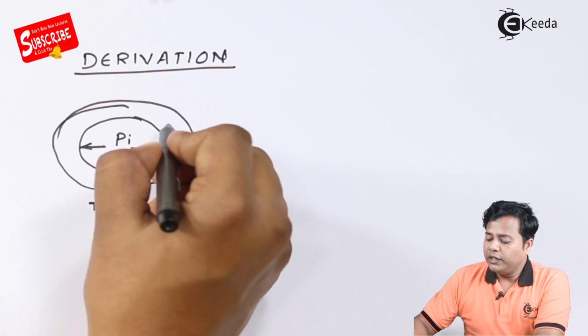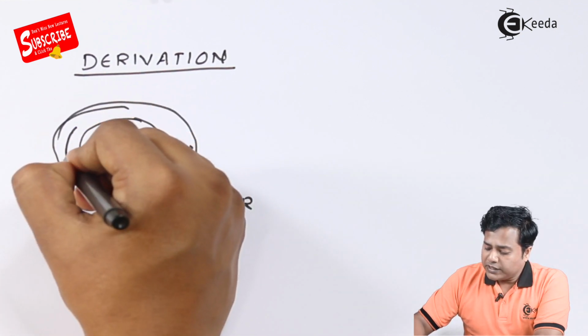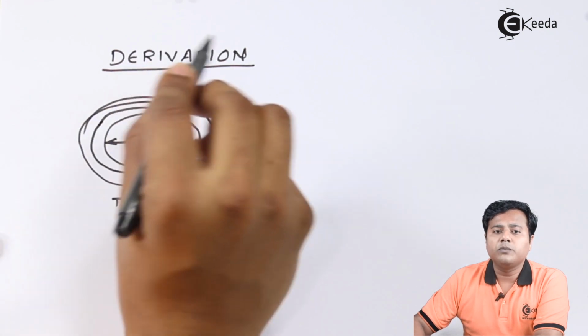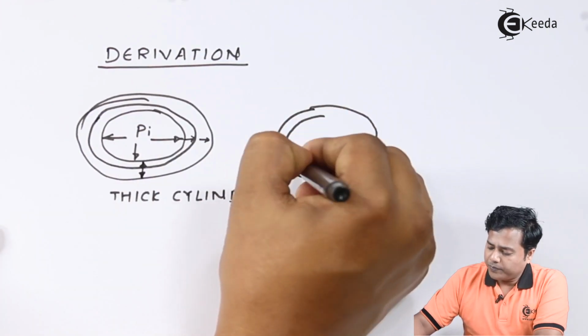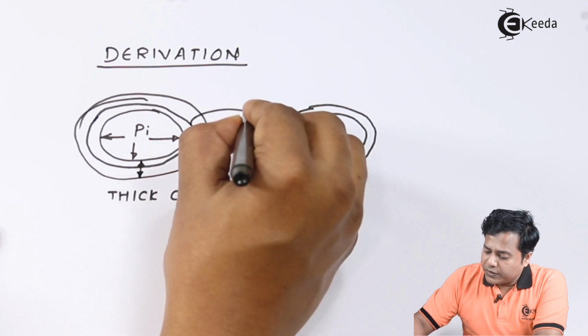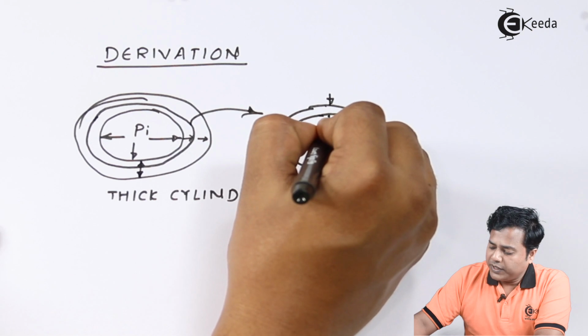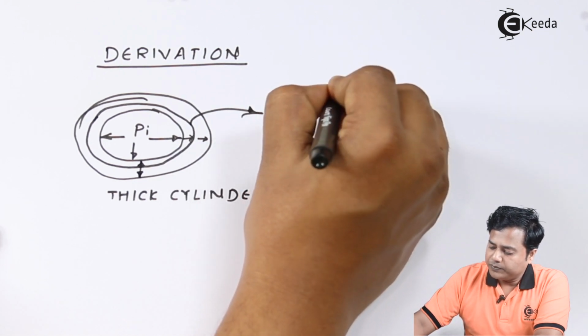And that's why we need to consider any random strip inside this. Let's consider there is a strip inside it of some infinitesimally small thickness. So let me draw only the strip. Now this is merely the strip that we are going to consider. It has got some thickness which is very small in nature.